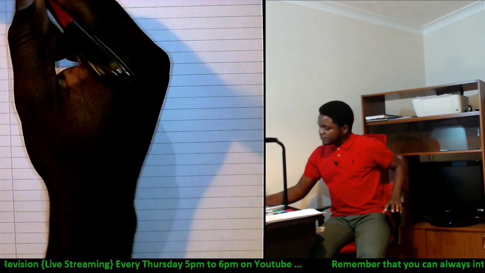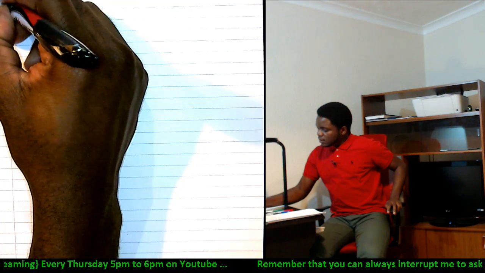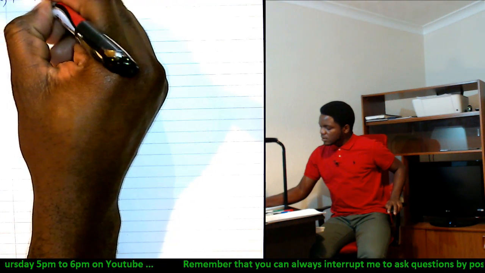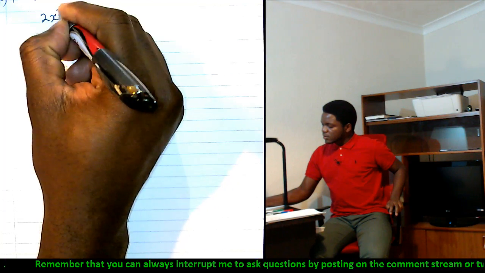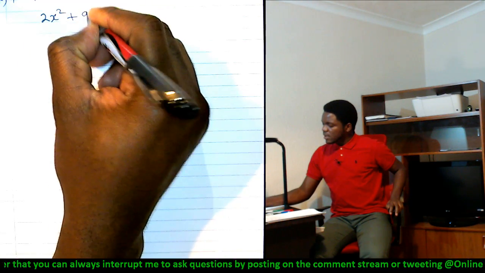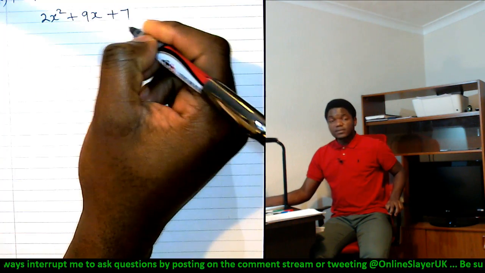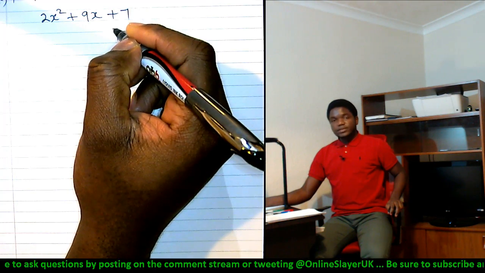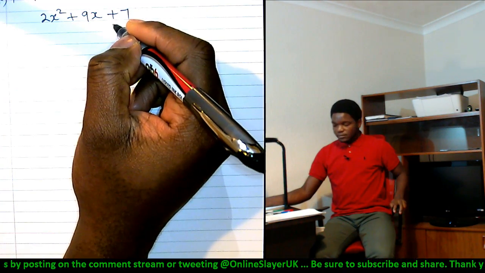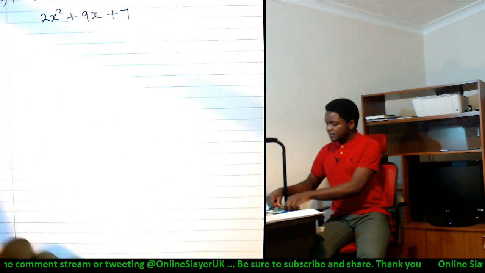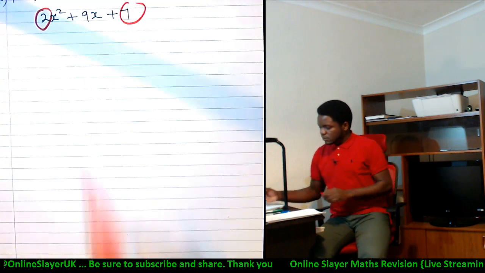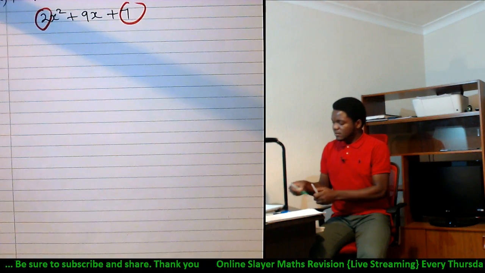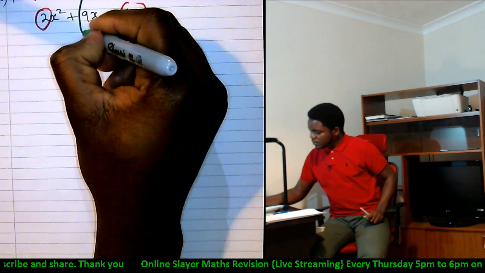So quickly, the question says factorize 2x squared plus 9x plus 7. There are two things you should take note of. These guys and this guy here.